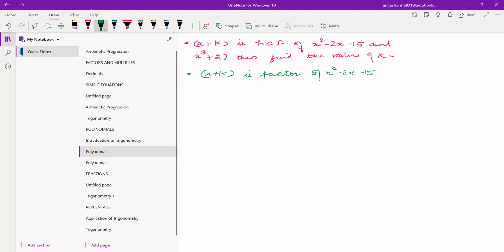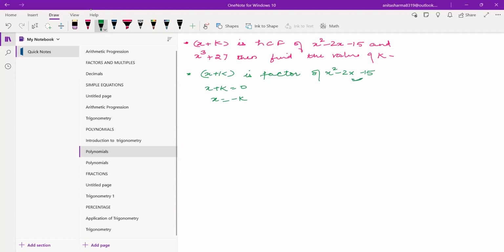So you can write x plus k equal to 0, then the value of x will be minus k, right? And then x is a zero of this polynomial, ma'am. Yes, now it is a factor of this.